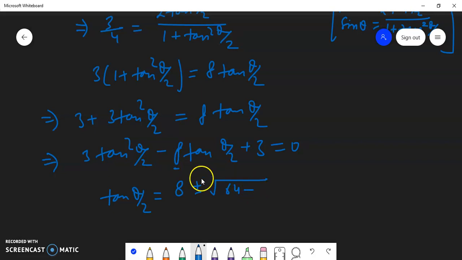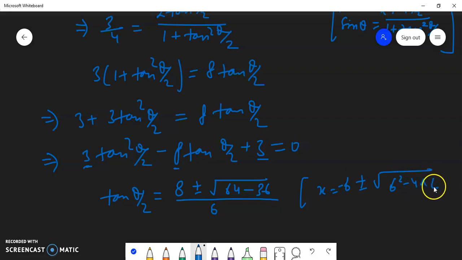So 4 into 3 into 3, 4 a and c, right? That is 36, divided by 2a, 2 into 3, which is 6. Alright, this formula you already know: x is equal to minus b plus minus square root of b square minus 4ac divided by 2a. You learned this formula in class 10.